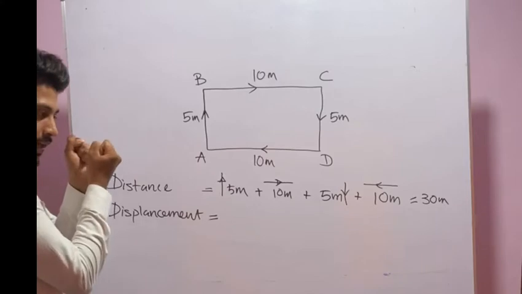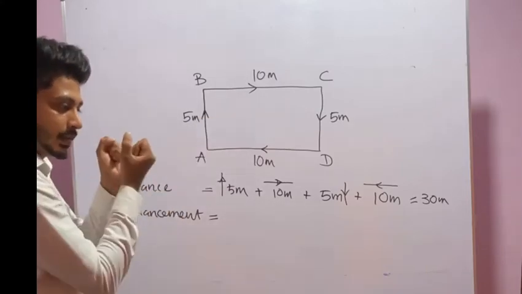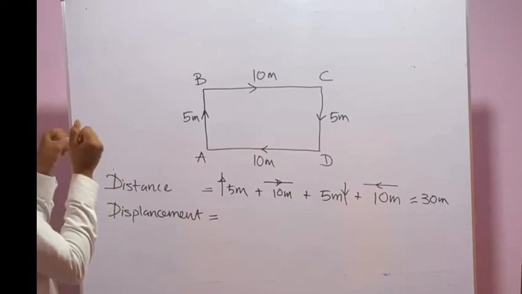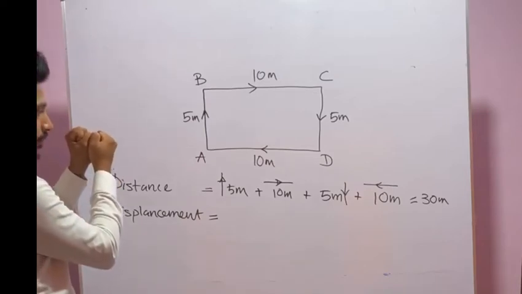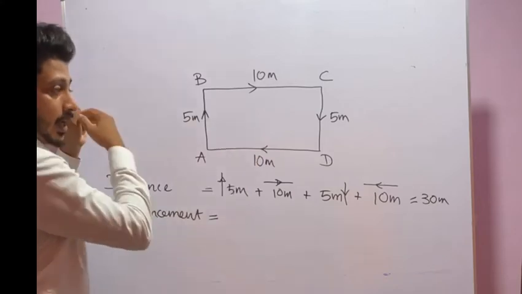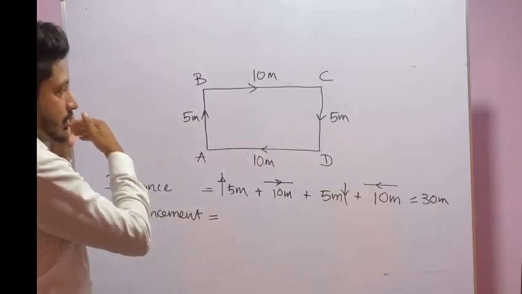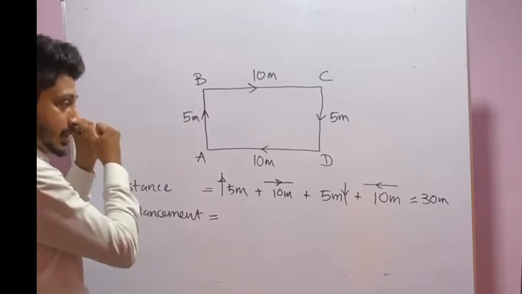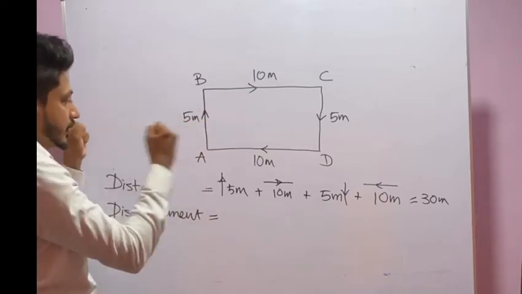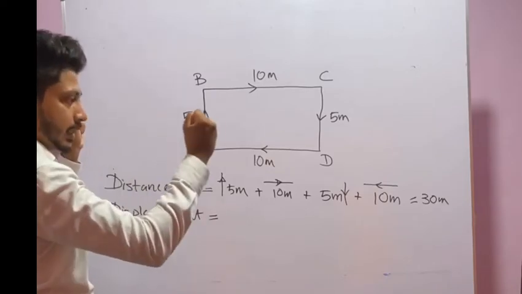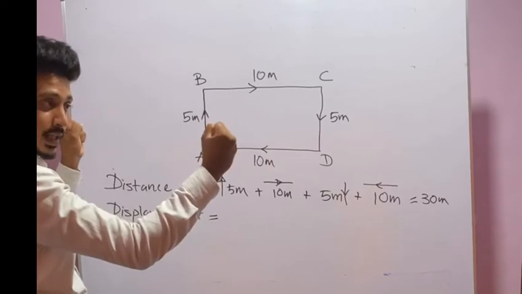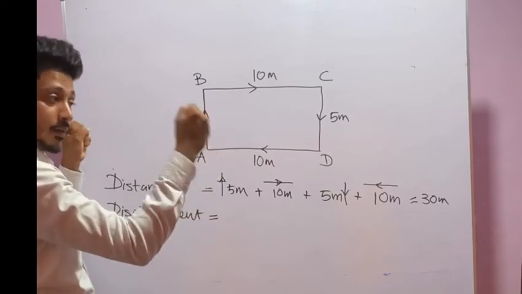That means change of position. Let's say those 2 points are the same point and we change the position. The shortest distance between these two points is called what?